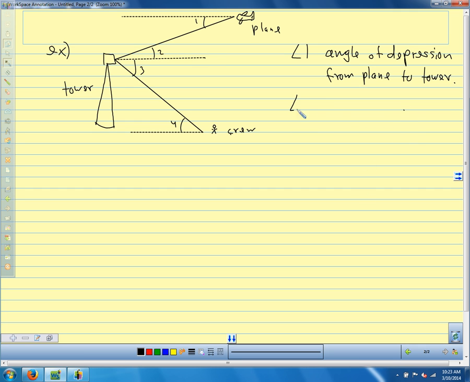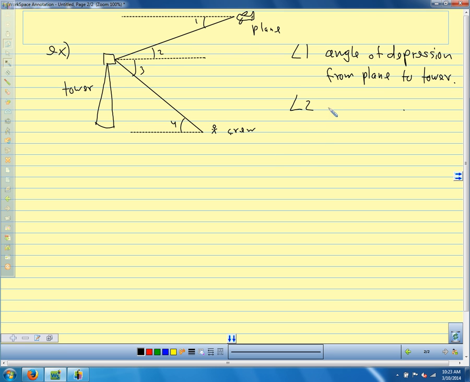How about angle 2? Is angle 2 going to be an angle of elevation or an angle of depression? Elevation, because in the tower they're looking up from the horizontal to the airplane. I guess once the plane lands, they could look down at the airplane, but in general, you're hoping they're looking up from the tower to the airplane.